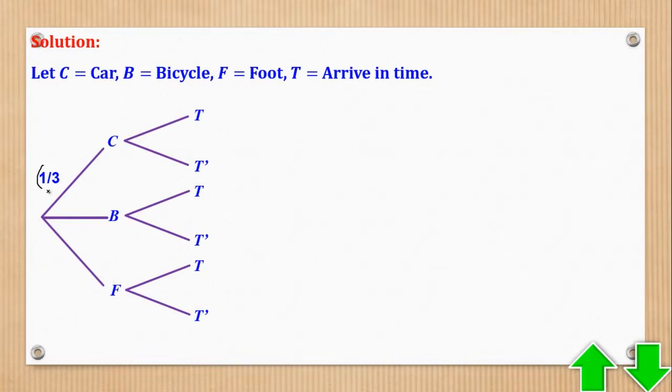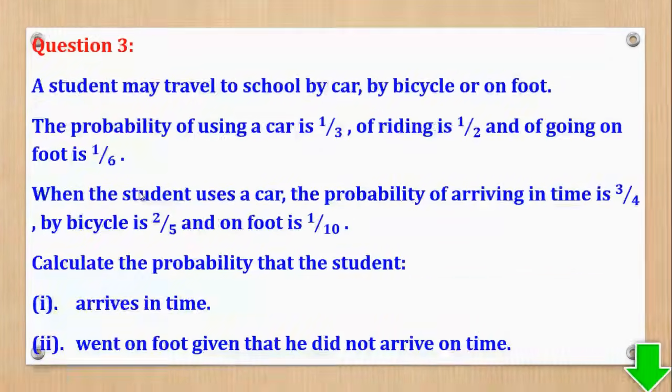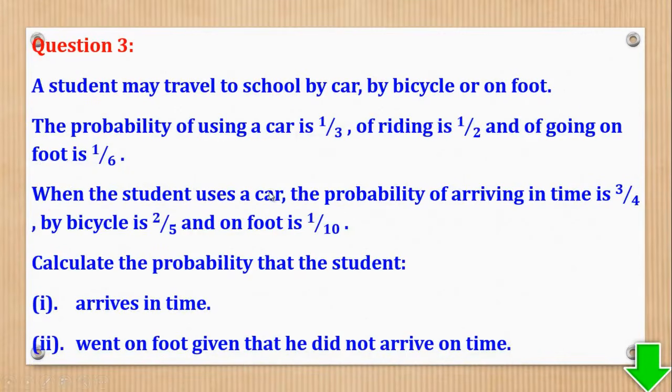For car it is 1/3, for bicycle 1/2, and for foot 1/6. Then we are told that when the student uses a car, the probability of arriving in time is 3/4, bicycle is 2/5, and foot is 1/10.